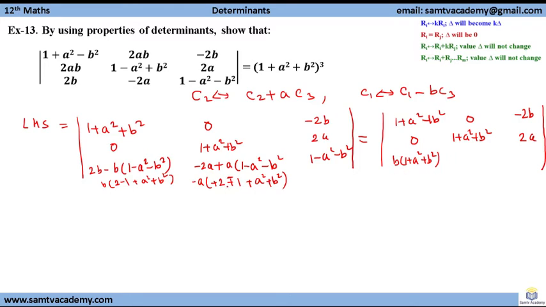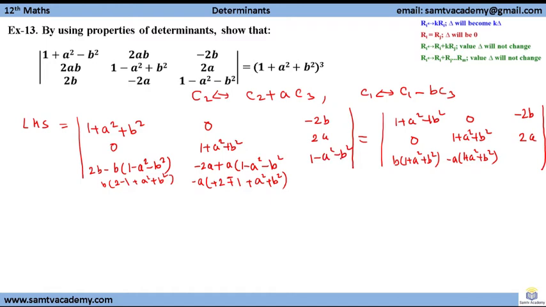What you will get is 2 minus 1, 1 plus A square plus B square, so minus A common, 1 plus A square plus B square. And the last, column 3, is as it is.